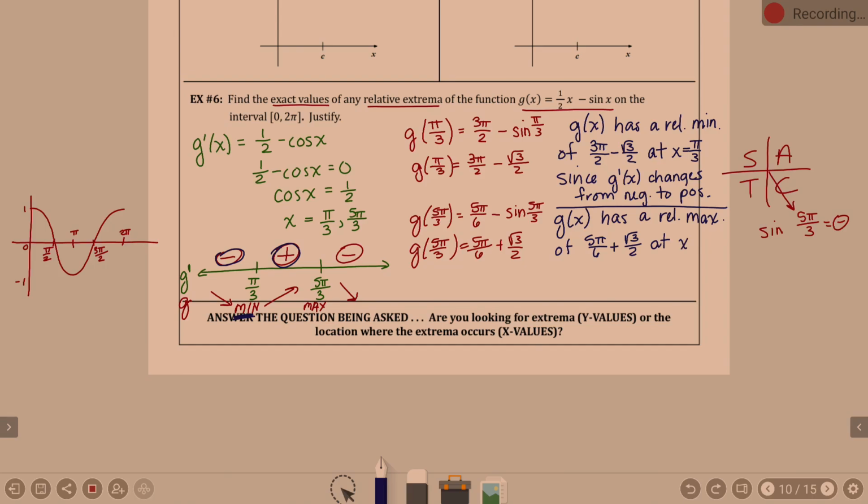And that's happening at x equals 5 pi over 3, since g prime of x changes, what do we change from? Positive to negative. Okay?